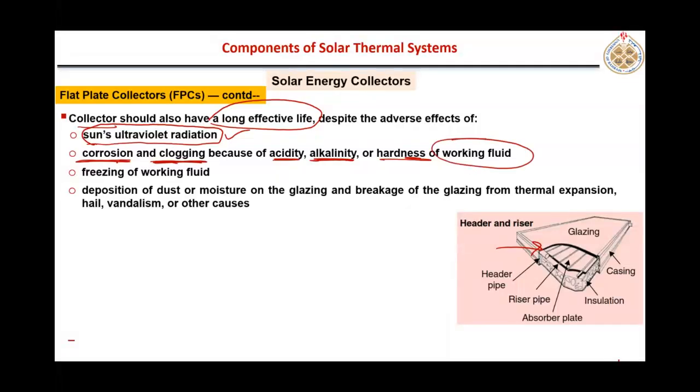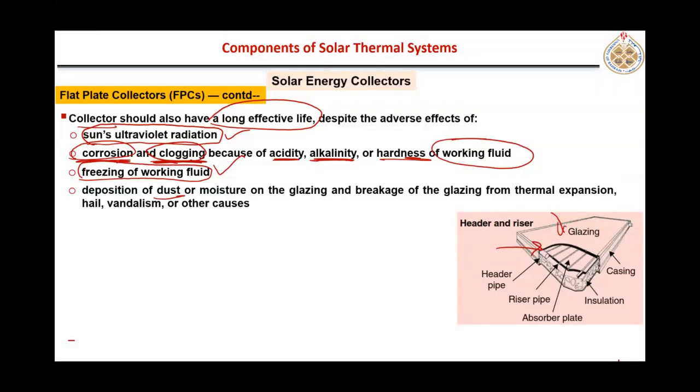Whatever working fluid we are using, in normal cases it could be normal water or it could be water plus some antifreeze mixture, right? So whatever type of fluid, or it could be in some cases we heat some oil. So whatever working fluid we are using, it should not corrode or it should not block the passages. Freezing of working fluid, we should be careful about that.